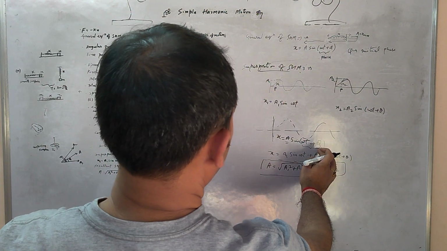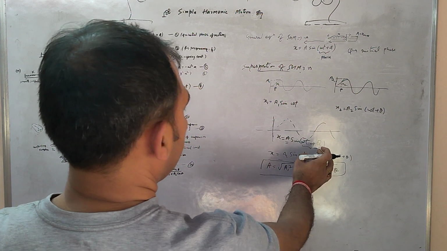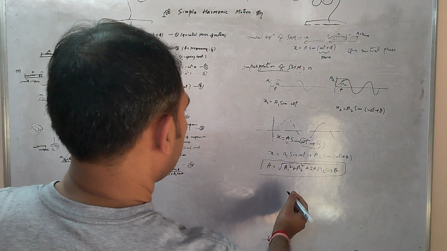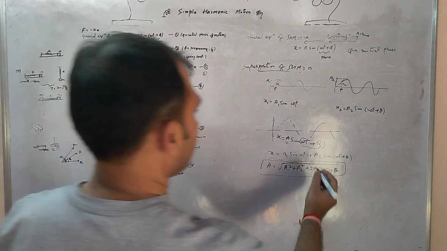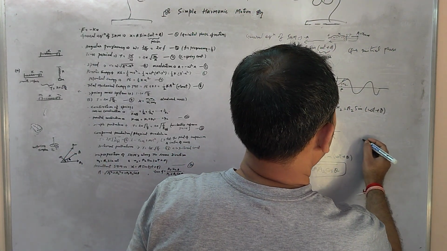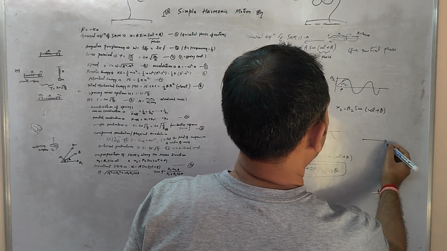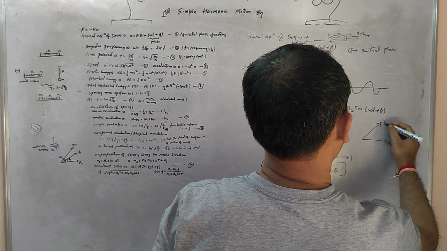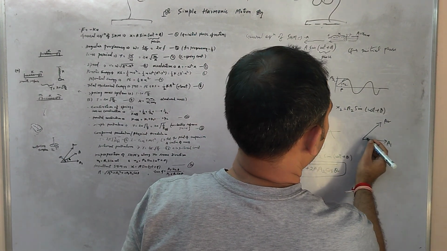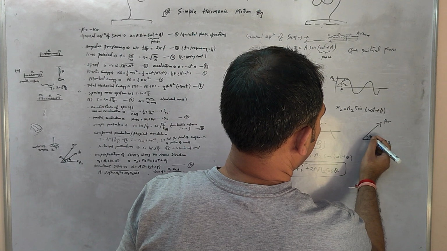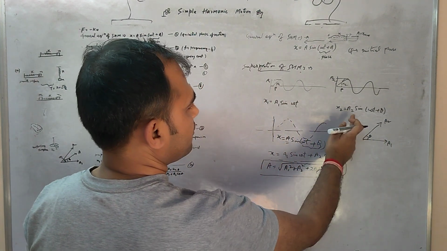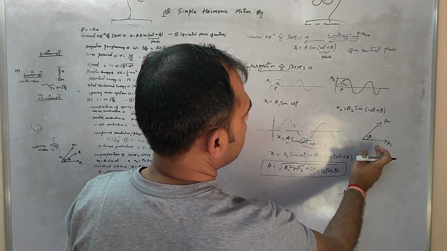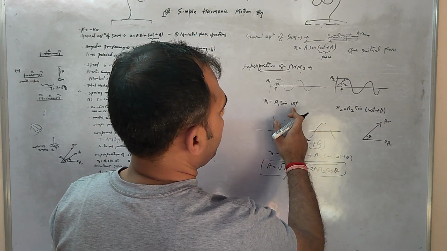And if omega t plus phi is the phase, then see, this was a1, this was a2, and the phase difference between the two was theta, omega t plus theta and omega t.